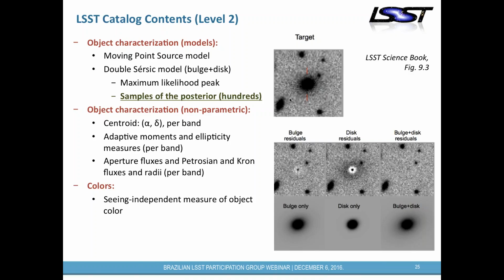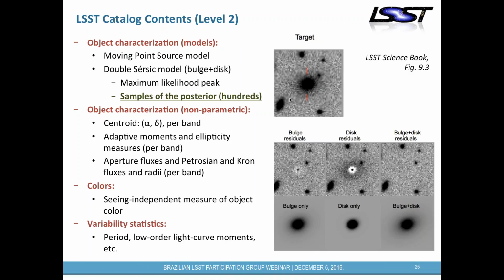If you're not careful, the measured color may depend on your seeing. That is, of course, detrimental to science, and we will debias that and provide a seeing-independent measure of object color.